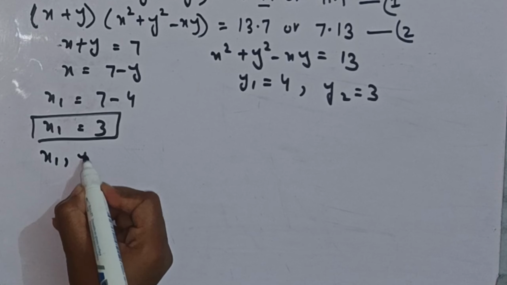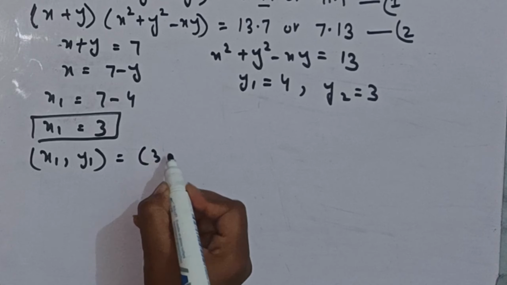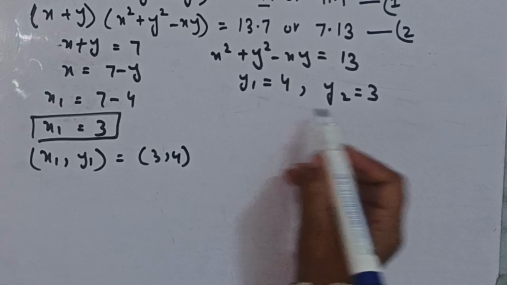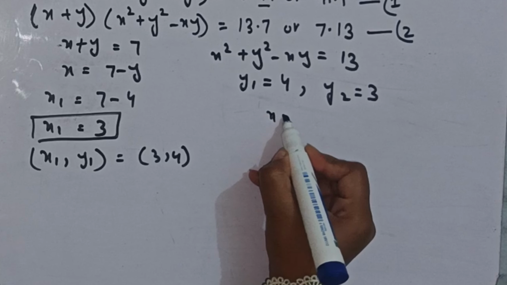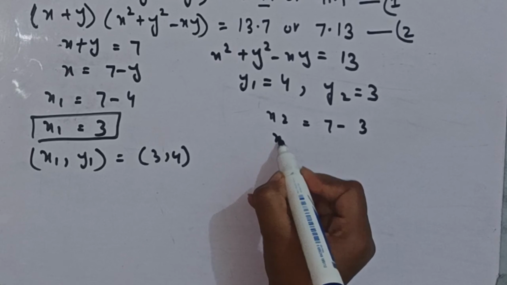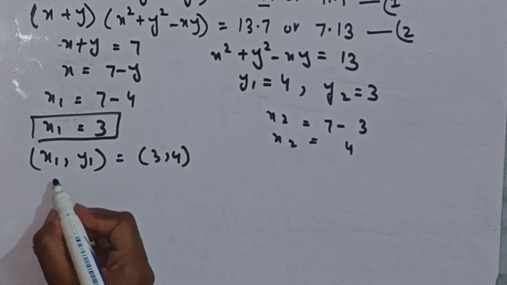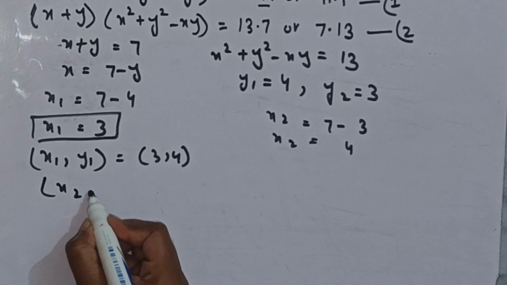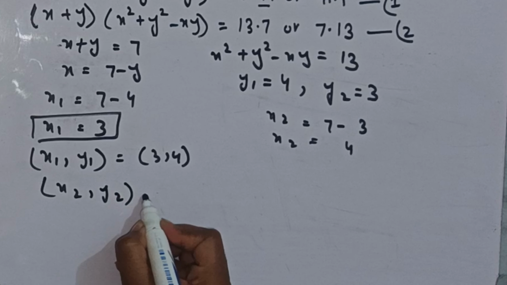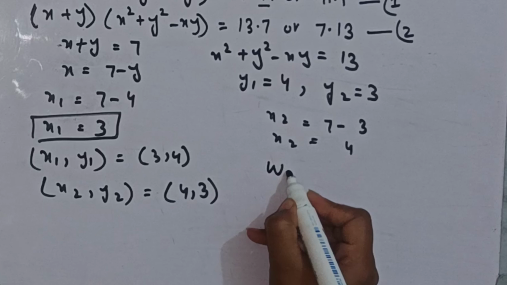So value of x is 3 and y is 4. Now we take the value of y2 which is 3 and find the value of x2. So we have x2 is equal to 7 minus 3 and this is equal to 4. So x2 value is 4. Our second pair is x is 4 and y is 3.